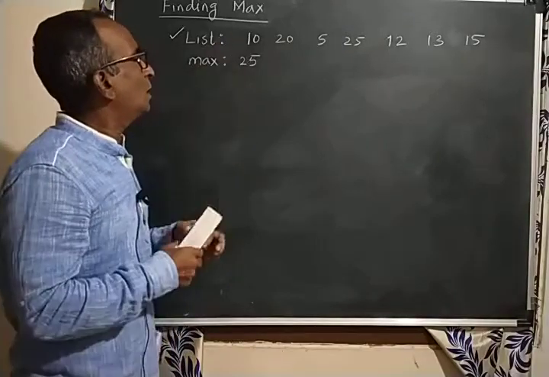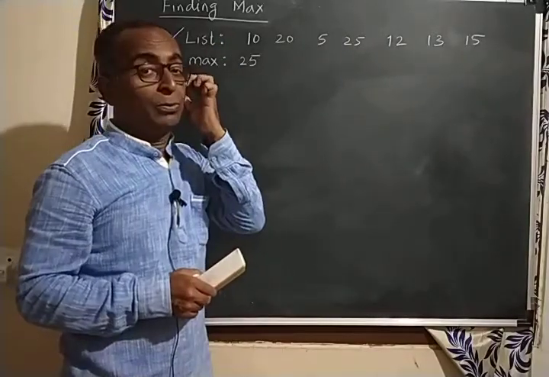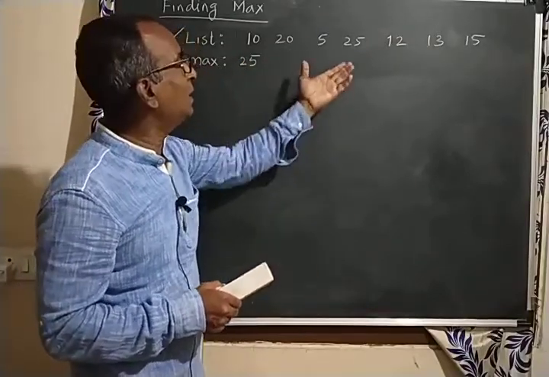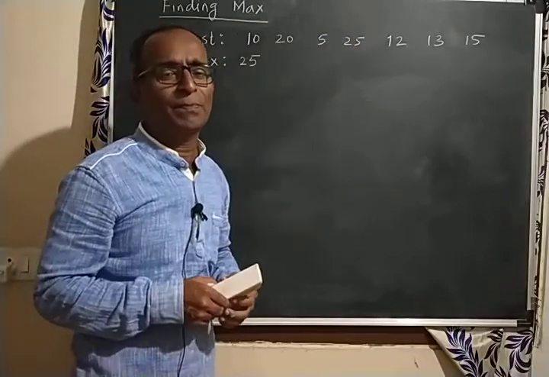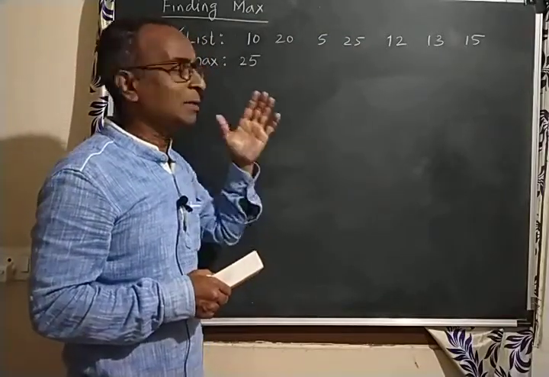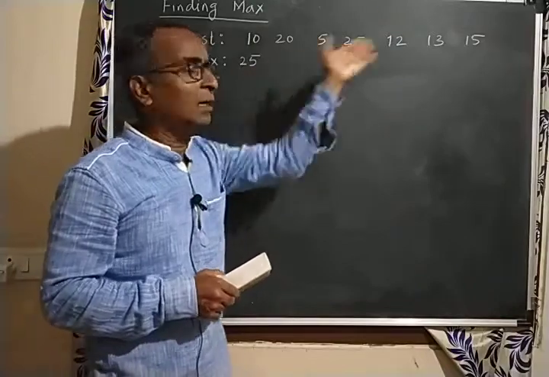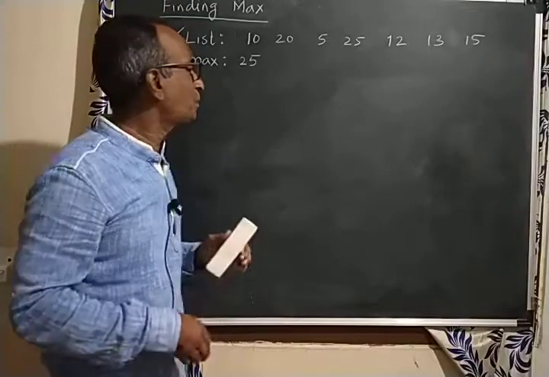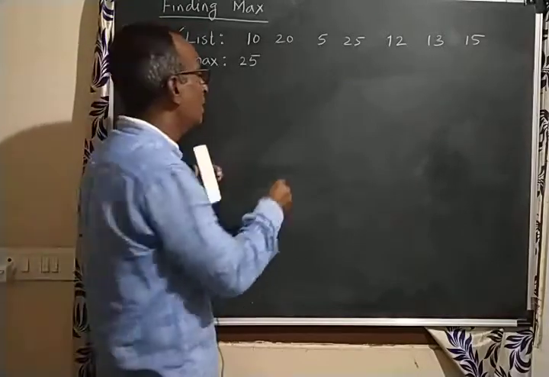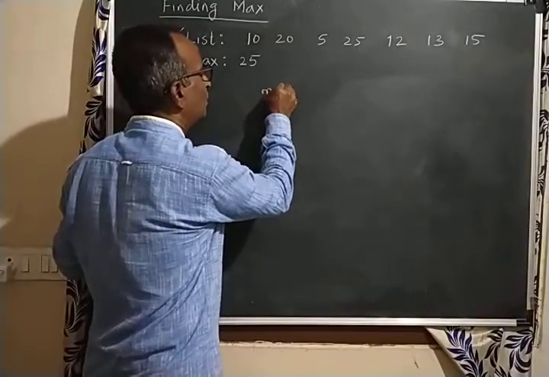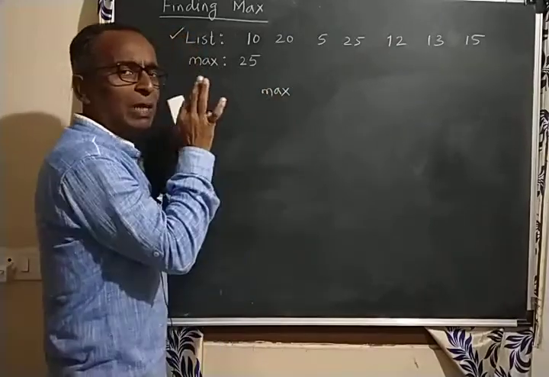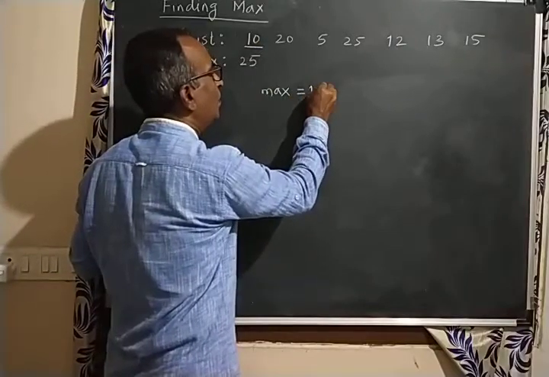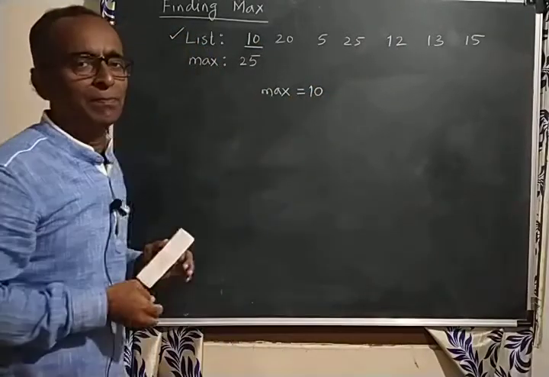See, what do we generally do? This list is a very small list and we can readily see 25 is maximum in this. But if there are thousands of elements, what we generally do is, in our brain, we keep one value, max. First, I save 10 in my mind.